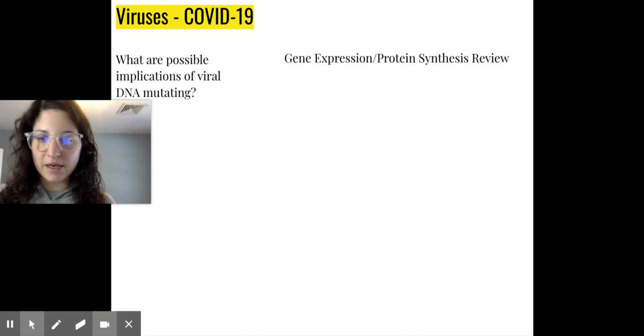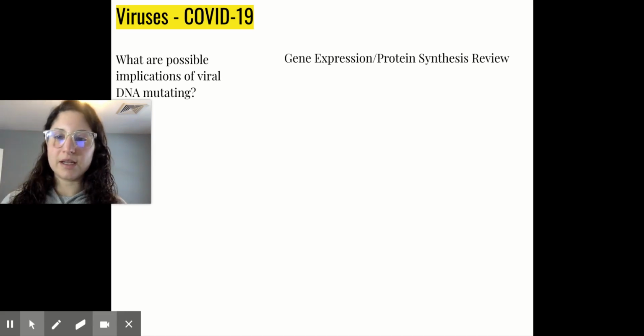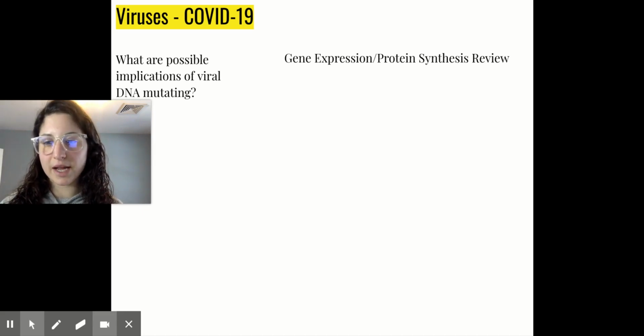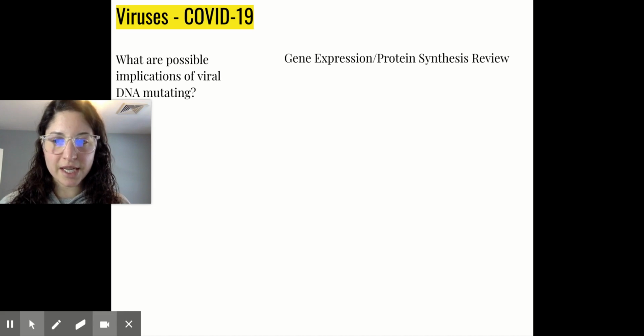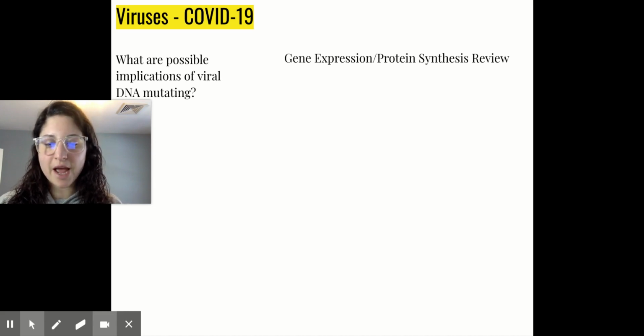The idea here is that when we change the DNA, or in this case the RNA that codes for the genetic information, that is going to change how the gene is expressed.